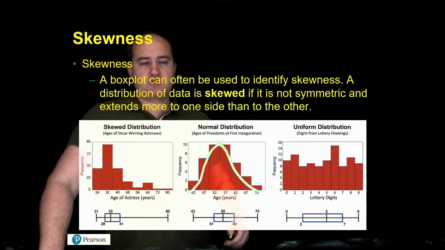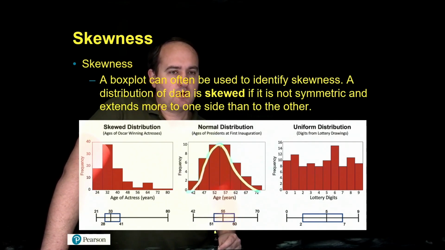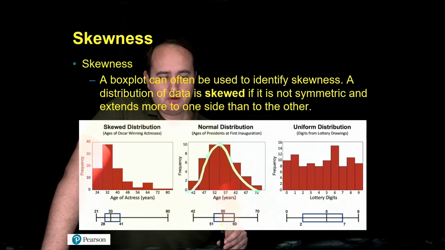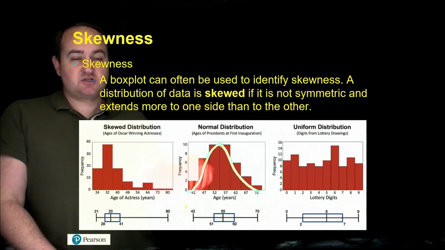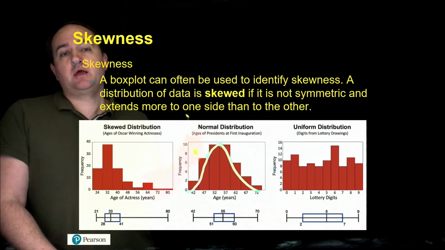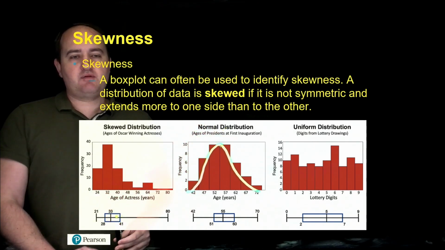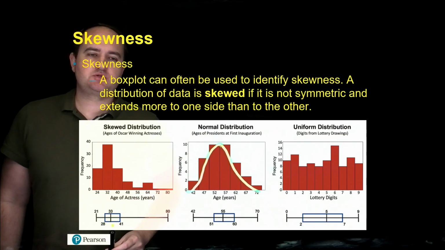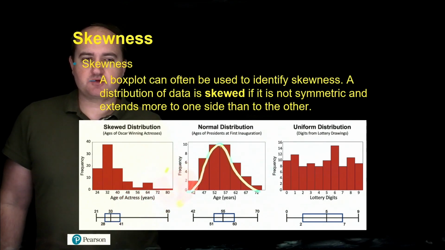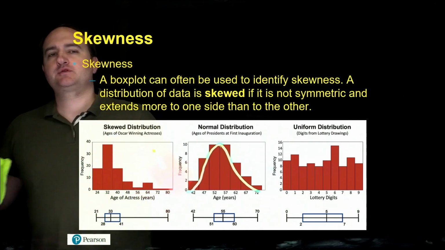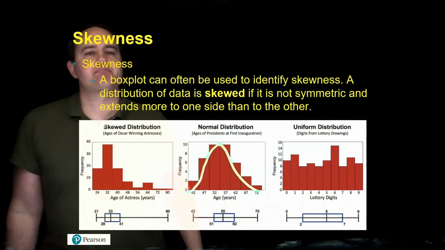And also to be symmetric, you'll notice that Q1 and Q3 are roughly the same distance from the median in the middle. Now it's not perfect, but in order to have a normal distribution, it has to be roughly bell-shaped and roughly symmetric. Obviously, with a skewed distribution, it's not symmetric. Even if it does have somewhat of a bell shape, it's pulled off to one side or pulled off to the other side.